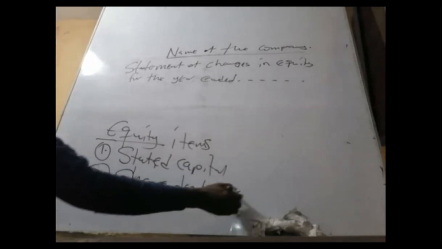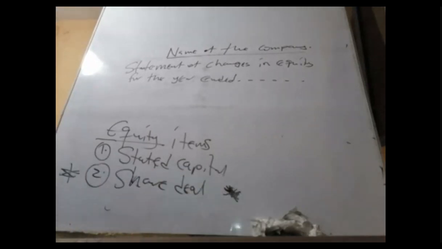So if it is a Ghanaian question or some of the African country examination bodies, we will not have share premium. We will have our stated capital. I think I'll explain that when we pick a question, why we don't have that.